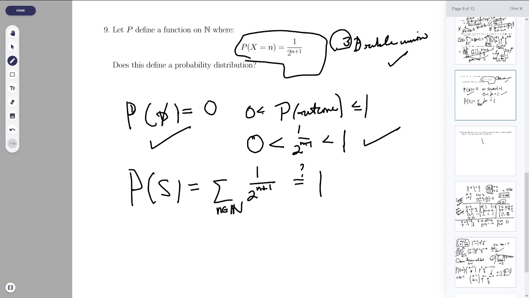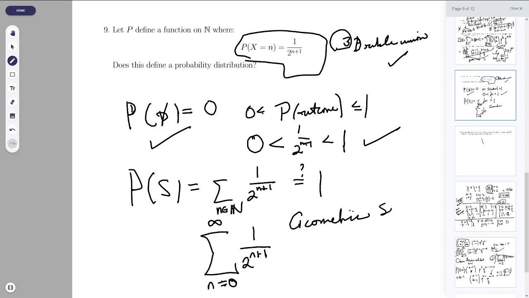And so the question is, is it equal to 1? Let me just write this in a little bit better notation. This is the sum from n equals 0 to infinity of 1 over 2 to the n plus 1. As it turns out, this is what's called a geometric series. And any geometric series has a sum. So the sum of the geometric series, 1 over, well, let's just make it the geometric series on alpha.